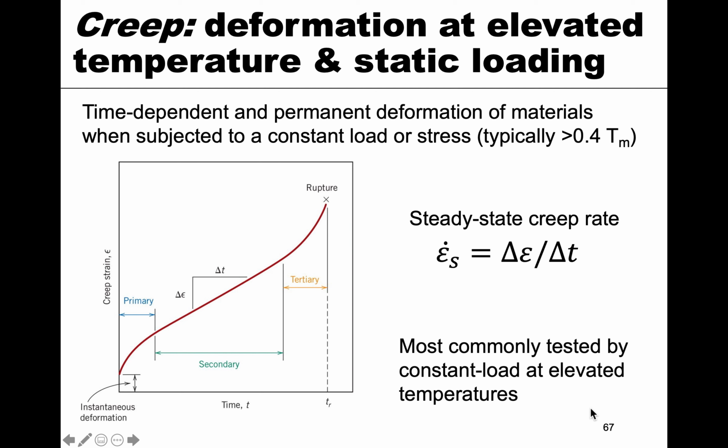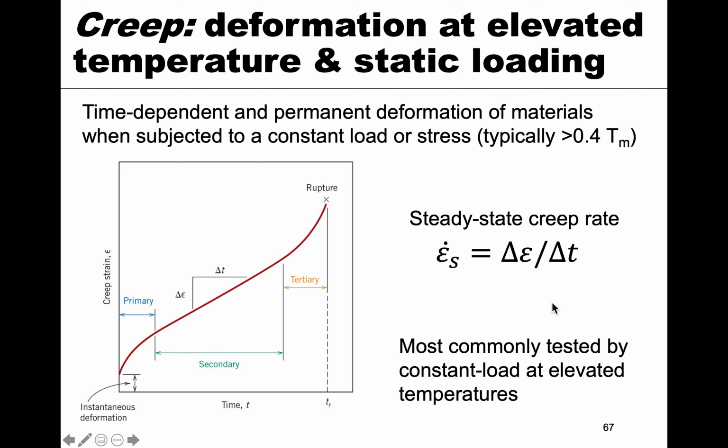So, we just got done talking about cyclic loading. So, this is going to be static loading, typically very low levels, but at elevated temperatures. And so this brings with it time dependency of deformation and also plastic deformation of materials.